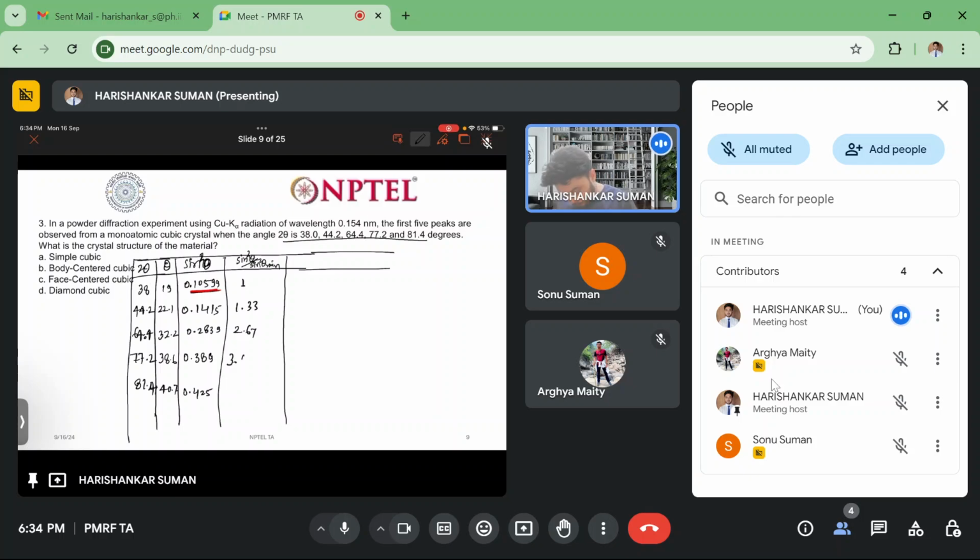This is 7.425 divided by 4. So this is around 4. So multiply by, let's say, 2, 3.